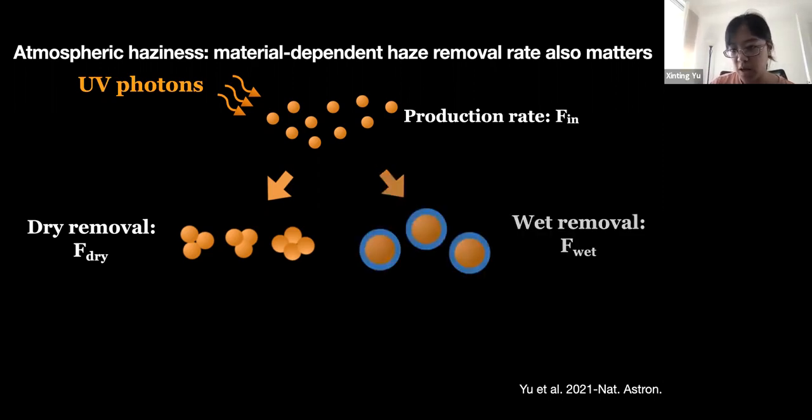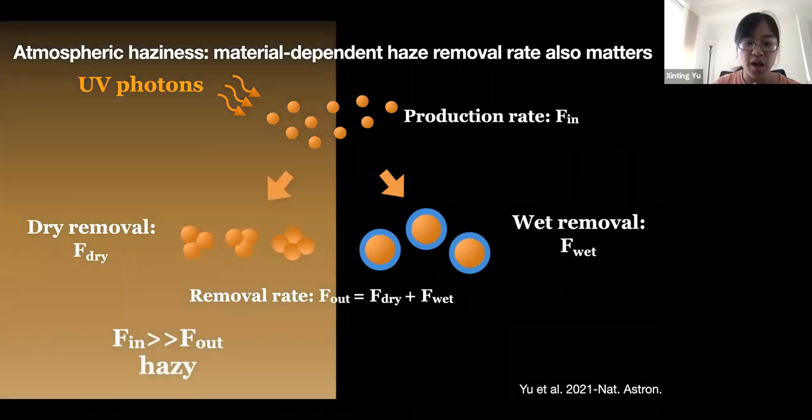The second way is called wet removal. That is using the small haze particles as cloud seeds for cloud condensates. The clouds would naturally remove the hazes by either raining down or settling deeper into the atmosphere. And then the total removal rate will be the 2 removal mechanism rates added together.